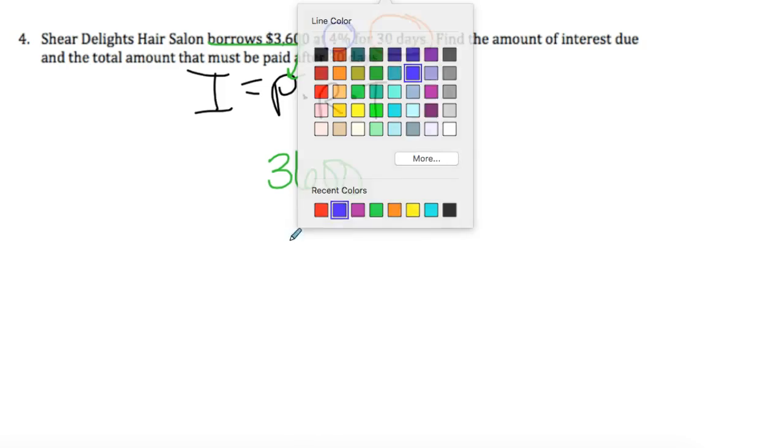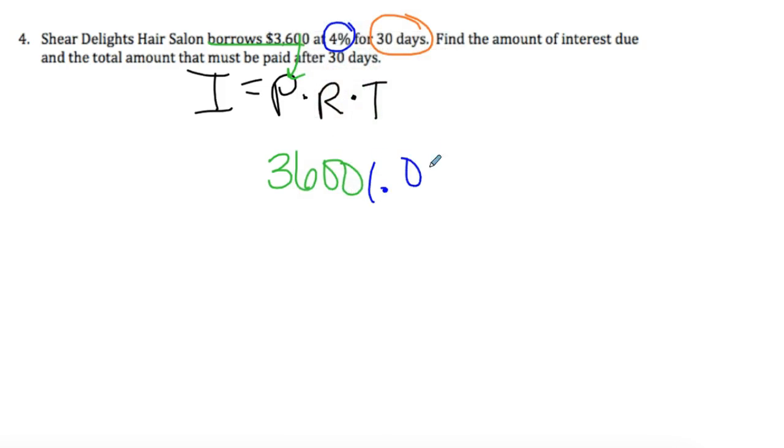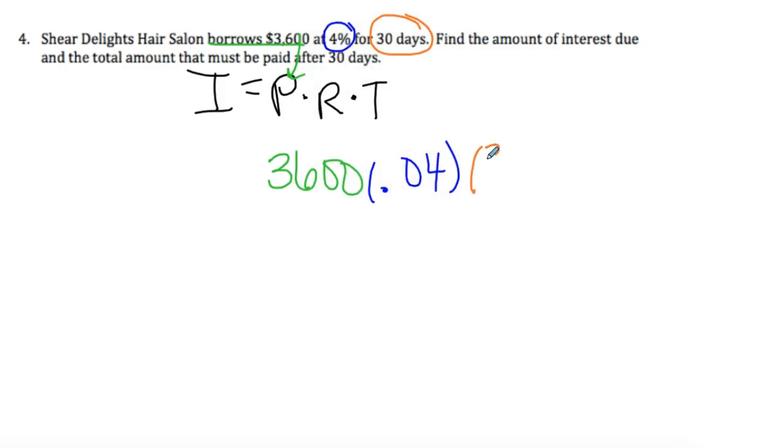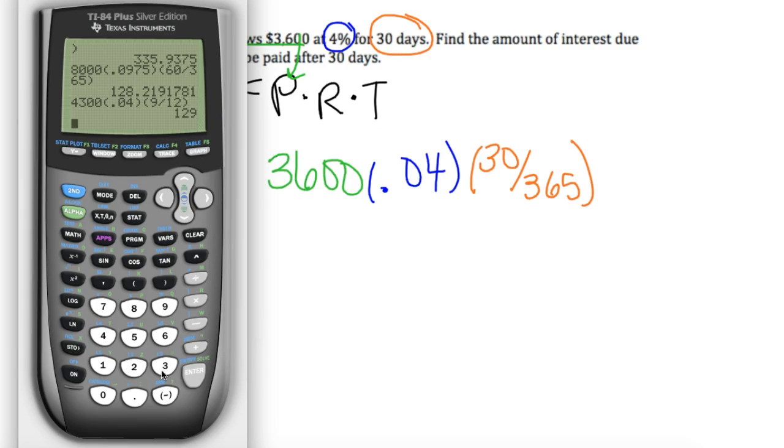My rate, and then my time. Because it gave me in days, I'm going to divide by 365, and that will give me my final interest. So this is the extra money I'm going to owe the bank for borrowing money I didn't have.